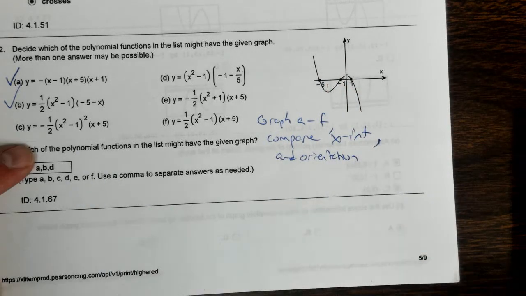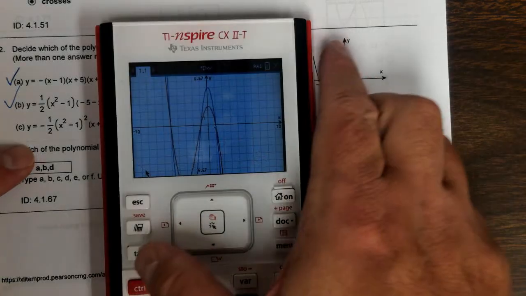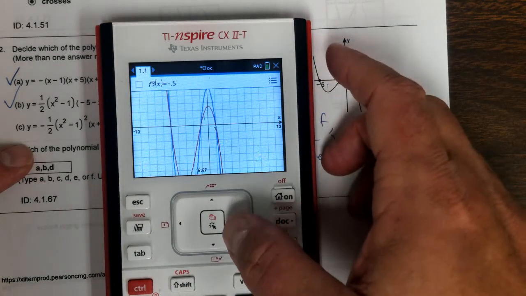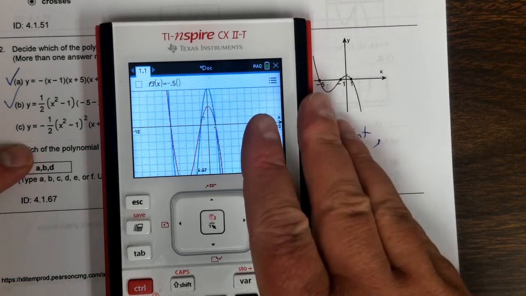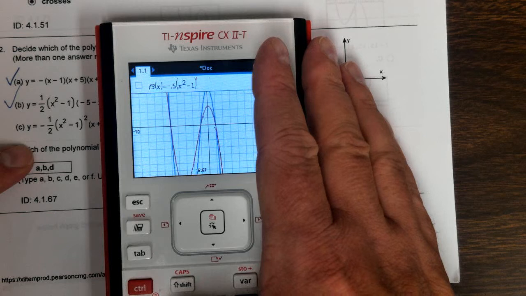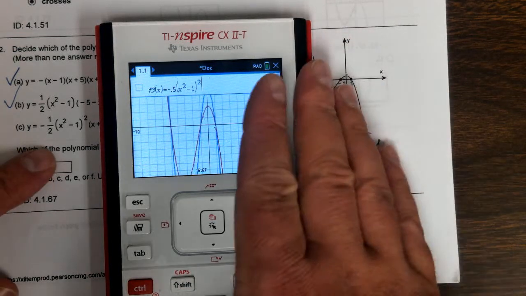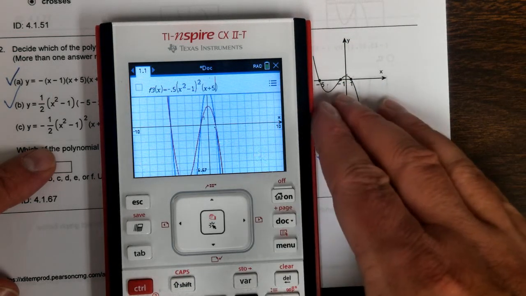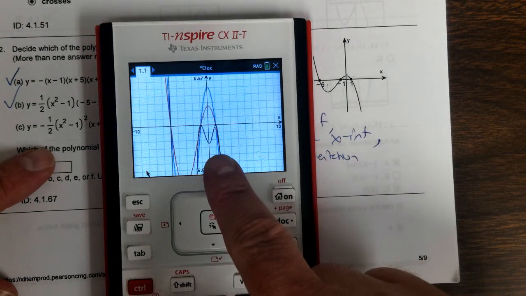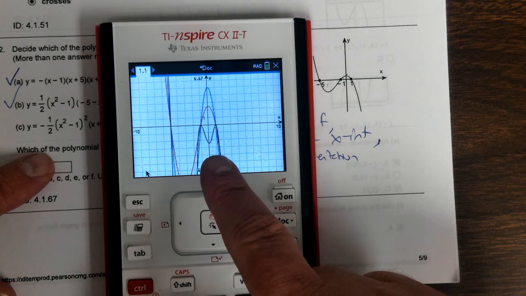Okay, for C, we have negative 1/2 times (x squared minus 1) squared, and then x plus 5. On this one, this is the third one.